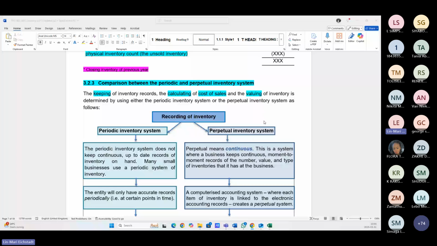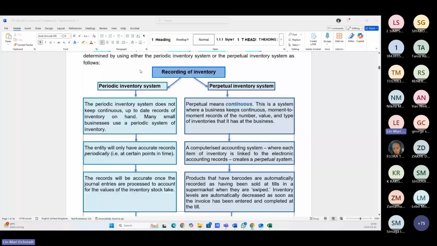So we touched base on the main differences between the periodic and the perpetual inventory system. One of the main things is that for the periodic system, we use the purchases account, whereas for the perpetual inventory system, we use the inventory account. And for the periodic system, we normally don't know what our cost of sales are until we perform a stock take.